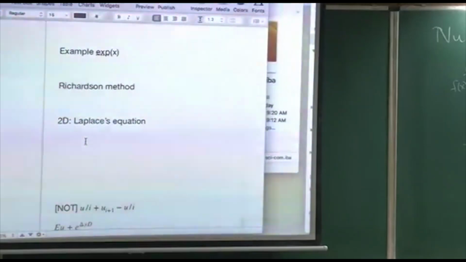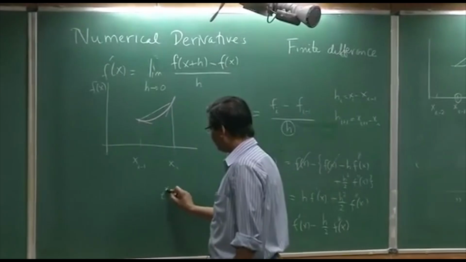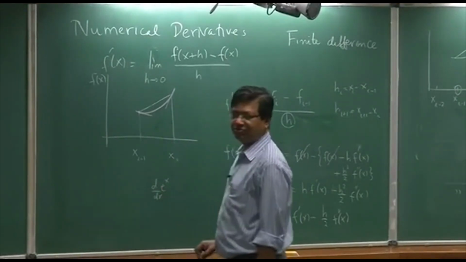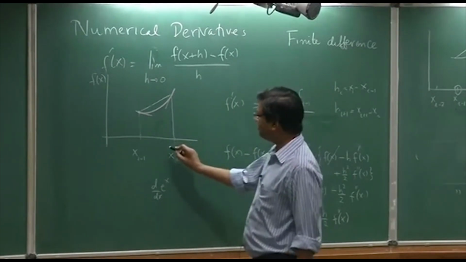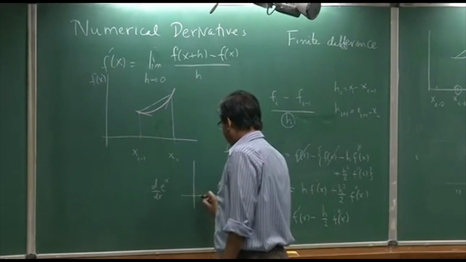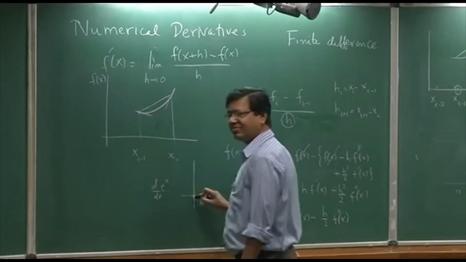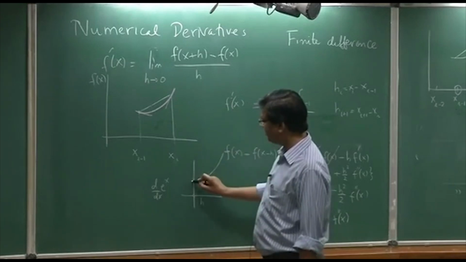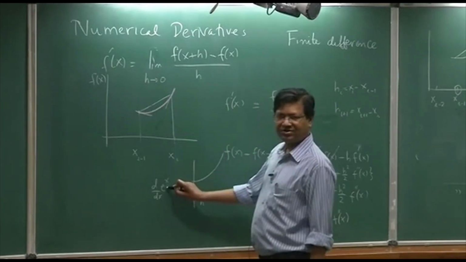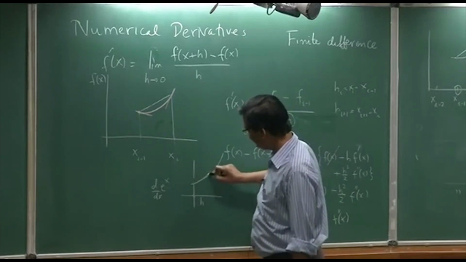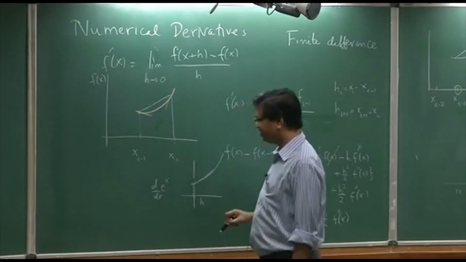One thing I will request is that we keep decreasing h. So I want to compute the derivative of e to the power x at x equal to 0. Take 2 points, this is x equal to 0, and then vary h. The function goes like that, so the derivative here is 1.